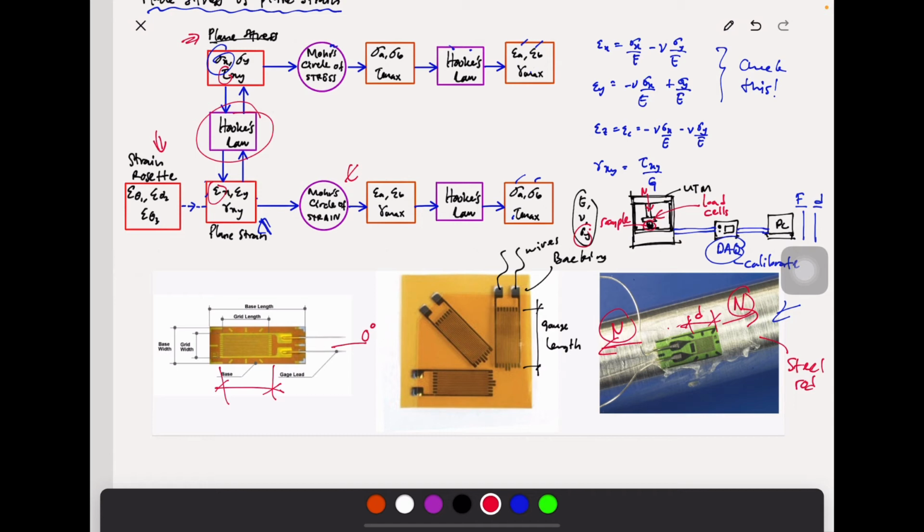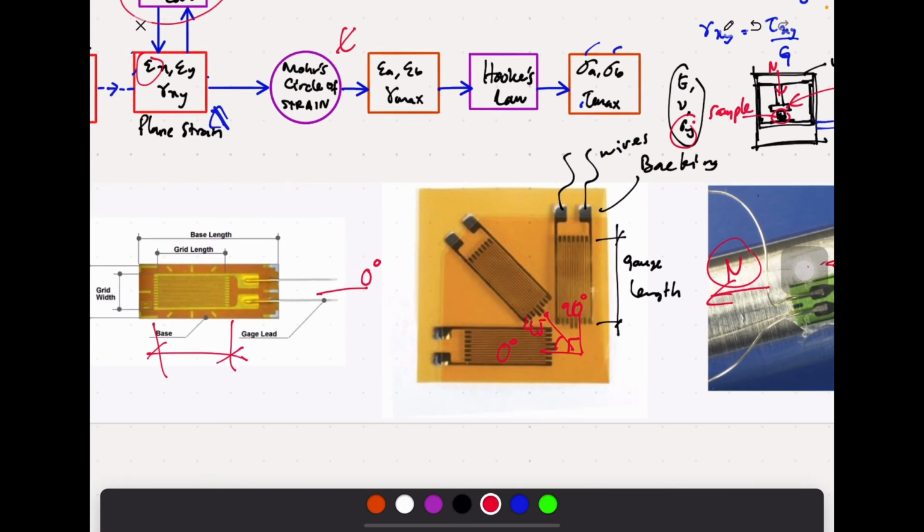I've shown on the picture right here, this is 0 degree. You have some types of strain load cells also with 0 degree, 45 degree, and 90 degree. It could be any arrangement.